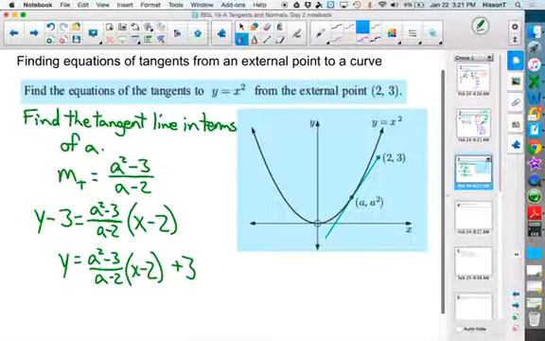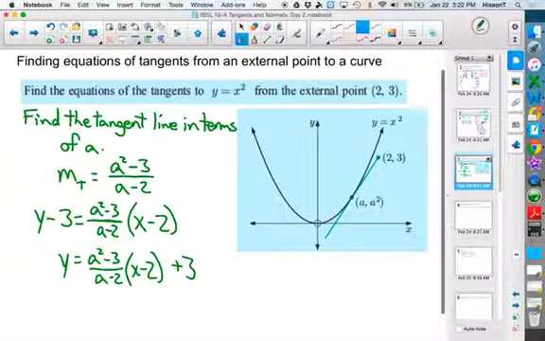But let's think about that. What do I want that line to do? Intersect. I want it to intersect the curve y equals x squared, right?